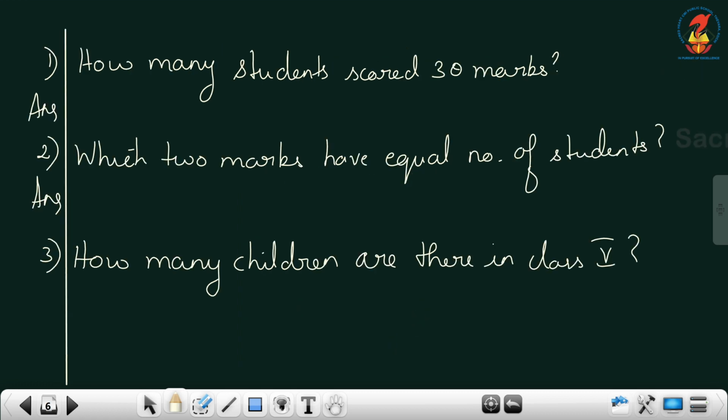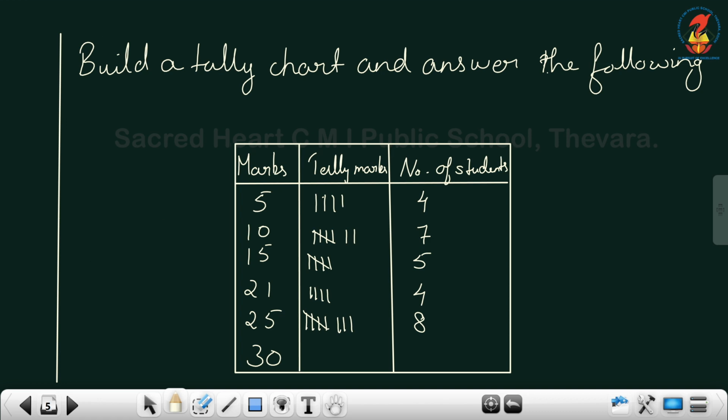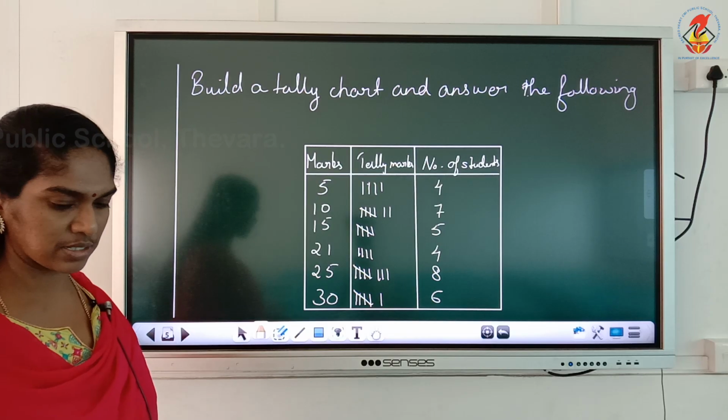And finally, how many students got 30 marks? Here 1, 2, 3, 4, 5, 6. 6 students have got 30 marks. So, 1, 2, 3, 4, 5 and 1. So, 6 students got 30 marks.